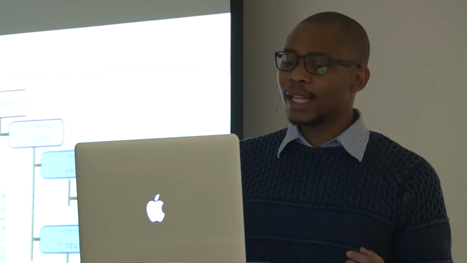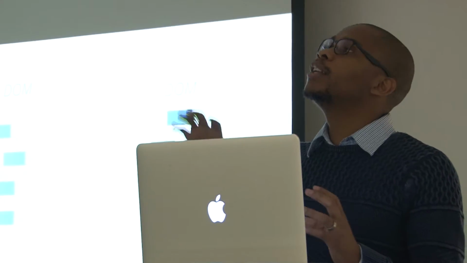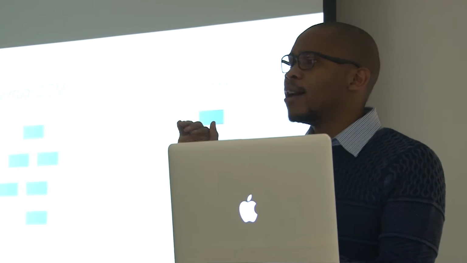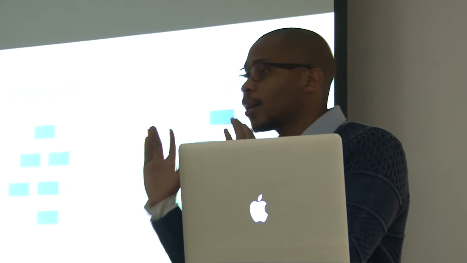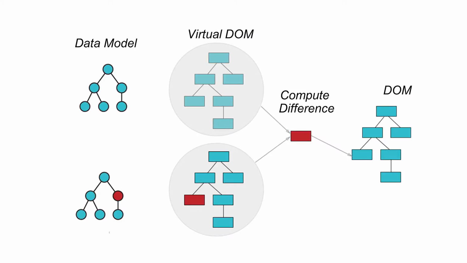So what React does is it takes your data model. When your data model changes, it uses a concept of the virtual DOM, actually. So the virtual DOM is a representation of your actual DOM. So when your data model changes, your virtual DOM also updates.